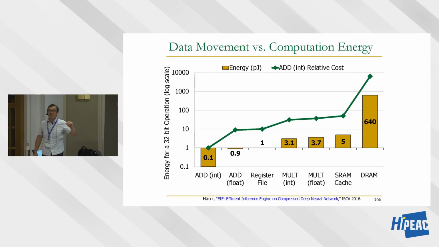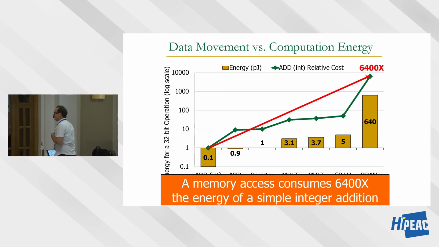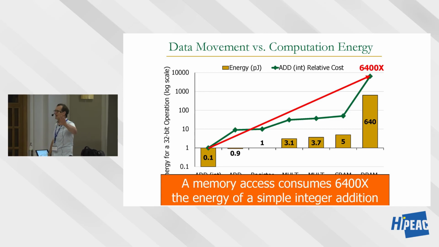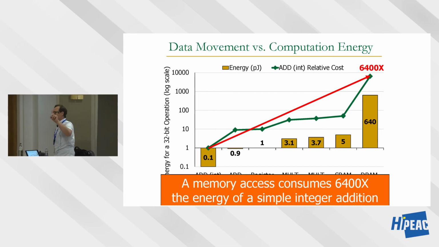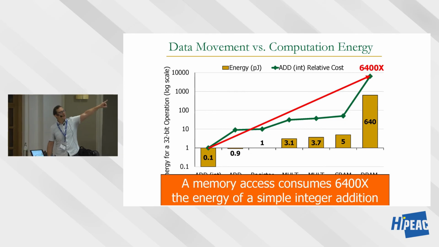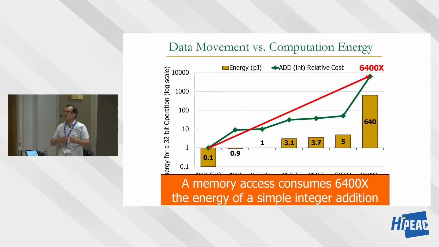Okay, so that was a complicated arithmetic operation. Let's look at a simpler arithmetic operation, an integer add, 32 bits still. Compare that to memory access, that's 6400x. That's a crazy number. 32 bits, no one wants to do 32 bits today. If you're following machine learning, everybody wants to do 4 bits, 3 bits, 2 bits, 1 bit, binary neural networks. Now multiply this by 10x as you go down. Now the memory access becomes much, much more costly in terms of energy compared to a 1-bit arithmetic operation.